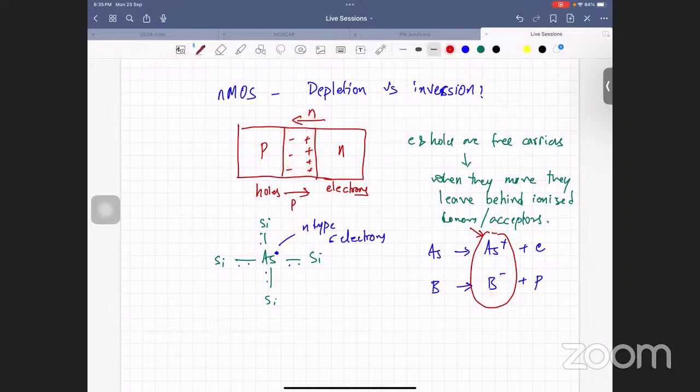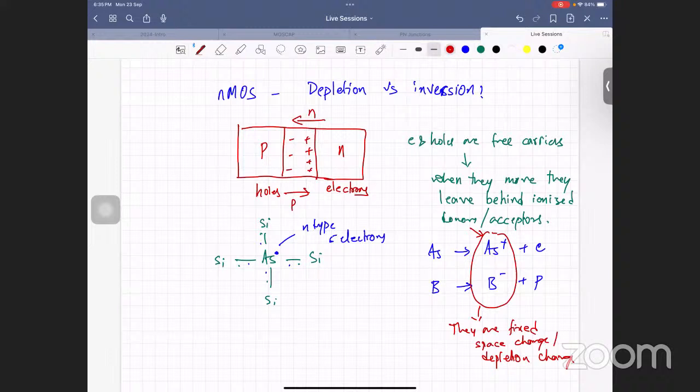These ionized acceptors or donors are fixed. We call them space charge or fixed charge. These are the space charge region or depletion charge. This is how a depletion region forms in a PN junction.